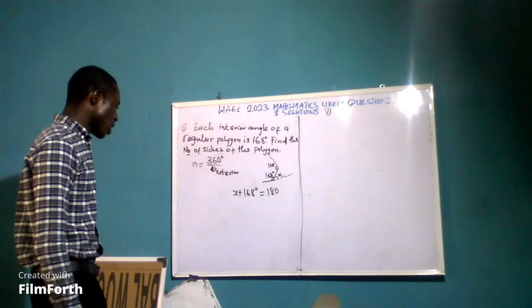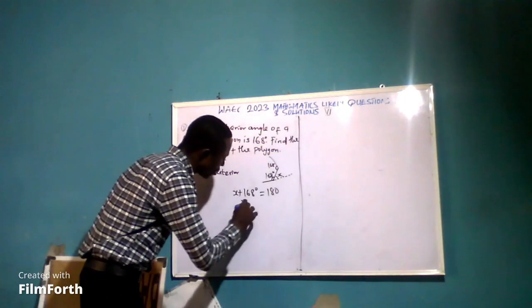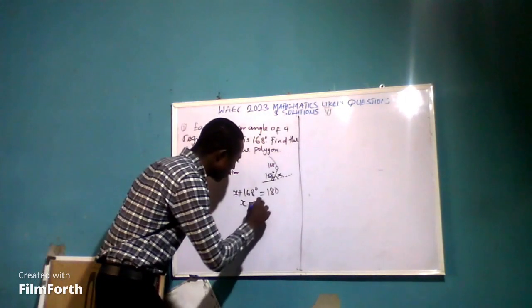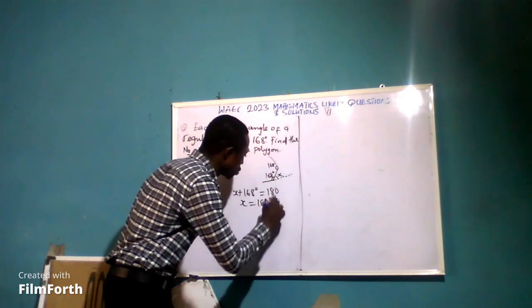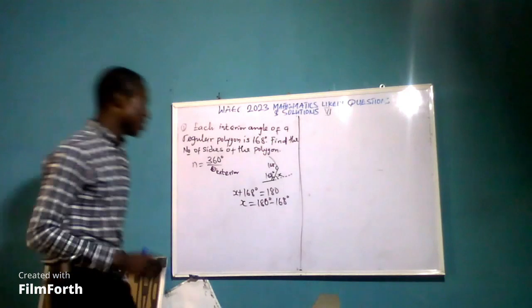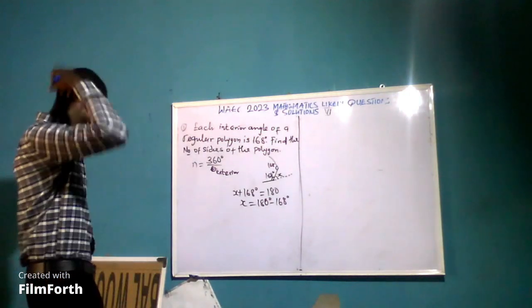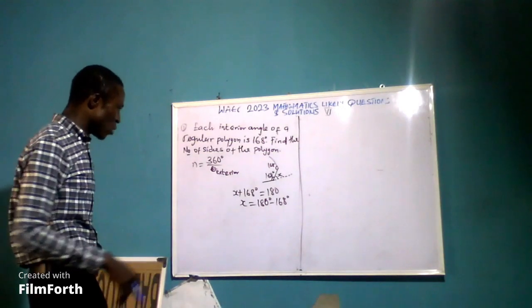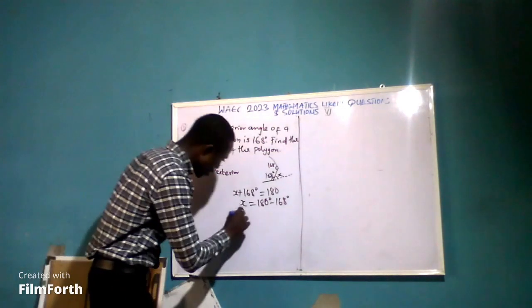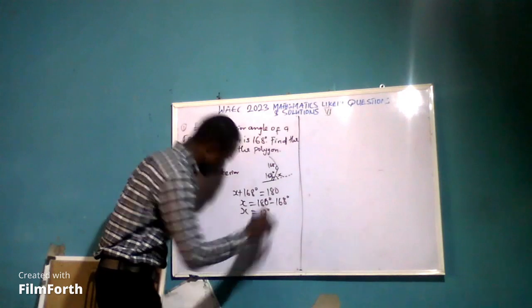From here we can make x the subject of the formula, so x equals 180 degrees minus 168 degrees. And what will that give you? 180 minus 168 gives you 12. So x is equal to 12 degrees.